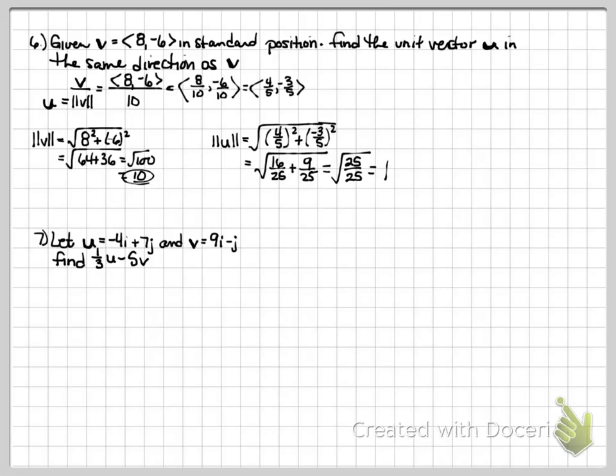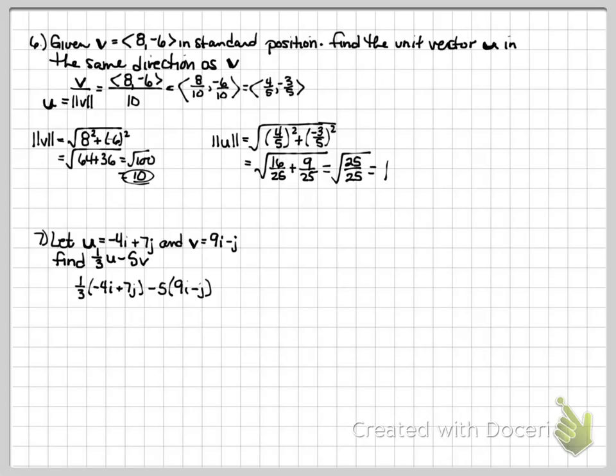So what we're going to do is first do 1/3 of u, and that's going to be negative 4i plus 7j, minus 5 times vector v, 9i minus j.